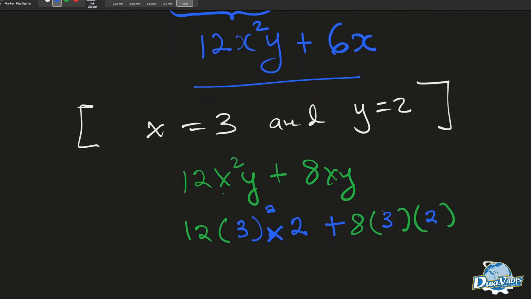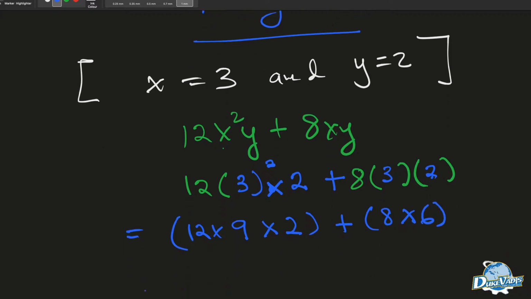Okay, you can put the bracket sign, or you can use the times to do the calculation. Now when we do it, we are going to have 12 times 3 squared is 9 times 2. Okay, all in brackets, plus 8, 3 times 2 is 6. So times 6.